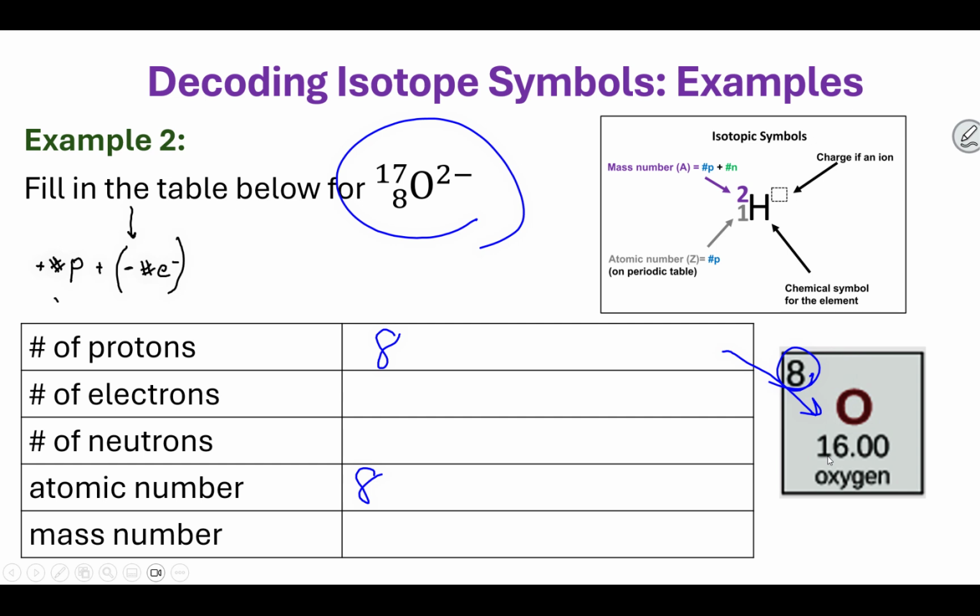So we could just write this as number of protons minus number of electrons equals the total charge. Now we have to solve for the number of electrons. So the number of electrons equals the number of protons minus the charge.